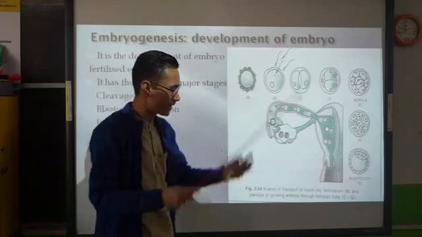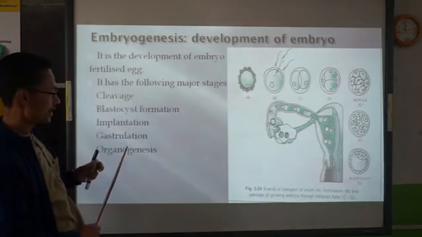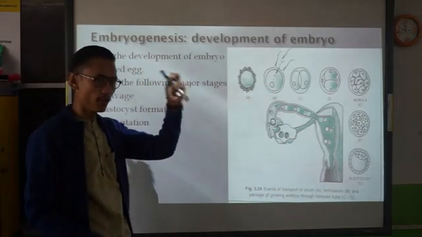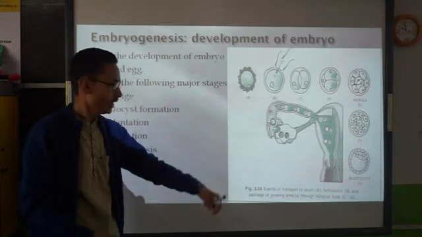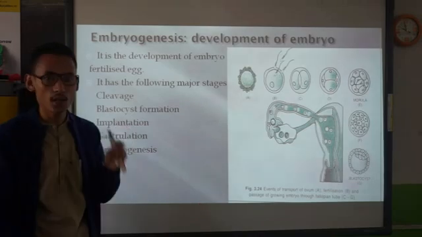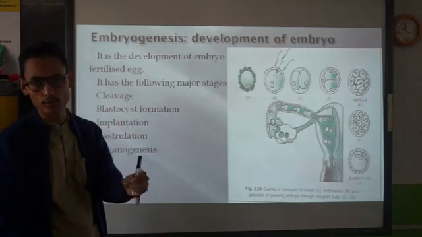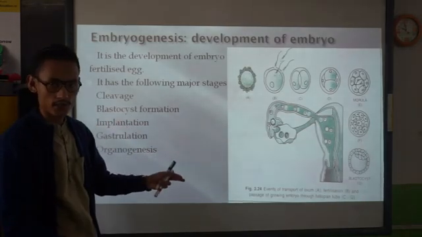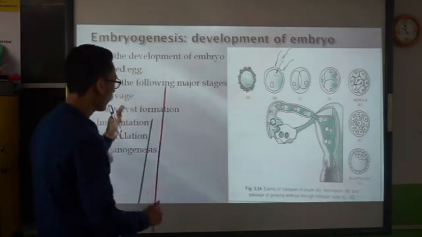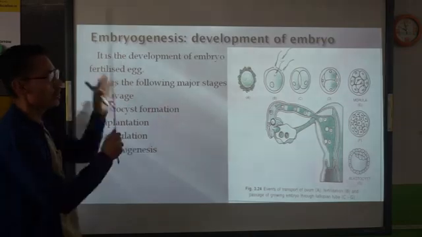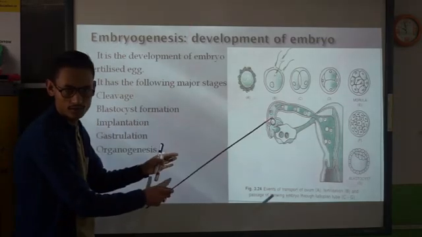Clear? And after implantation, there will be gastrulation, where there will be formation of embryonic germ layers, ectoderm, endoderm, mesoderm. Clear? And after gastrulation, finally there will be formation of the organs, which is called organogenesis. Clear? So these are the structures where the entire events of embryogenesis occur.